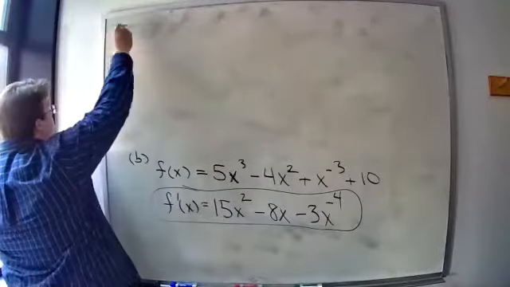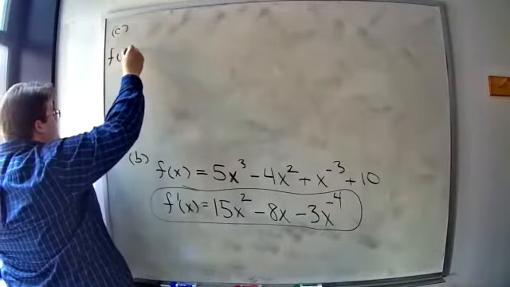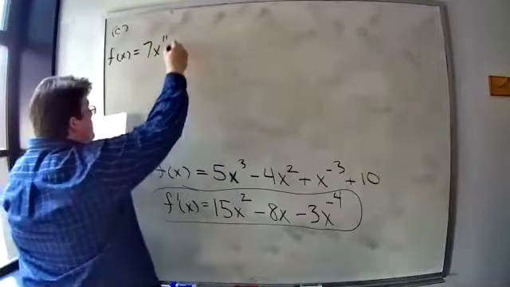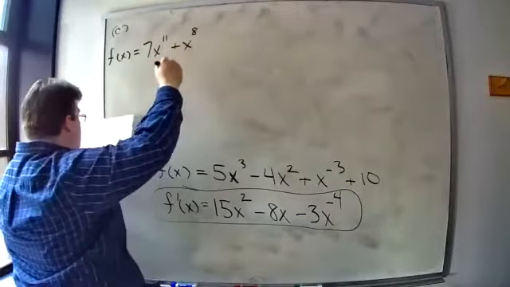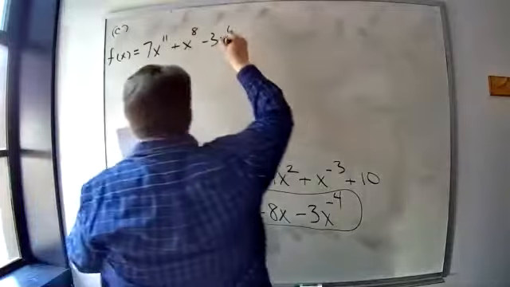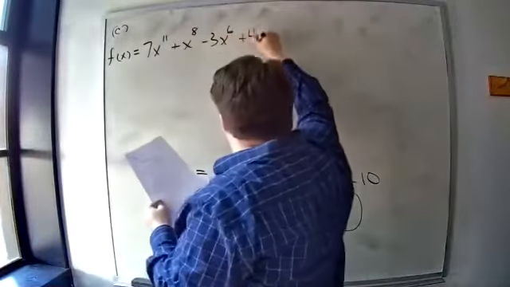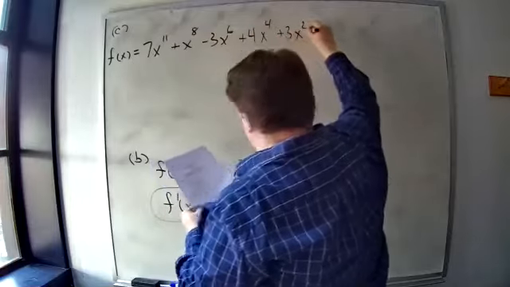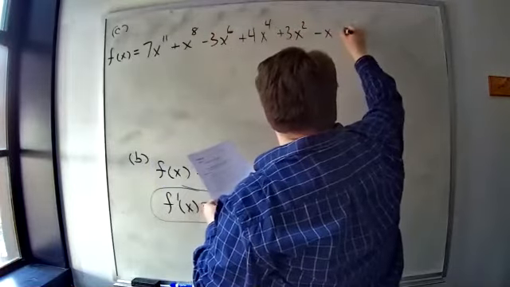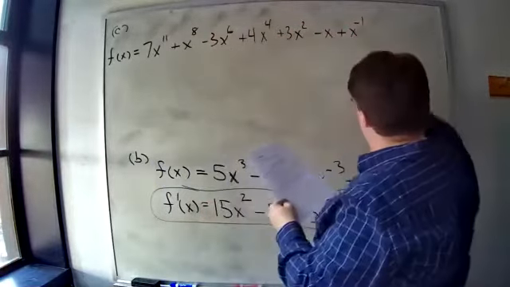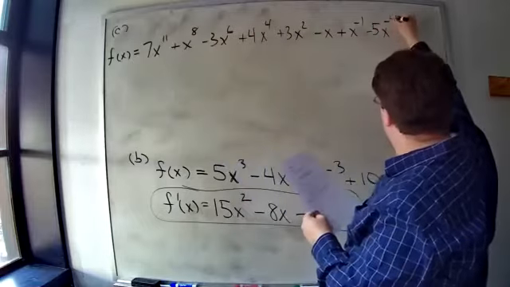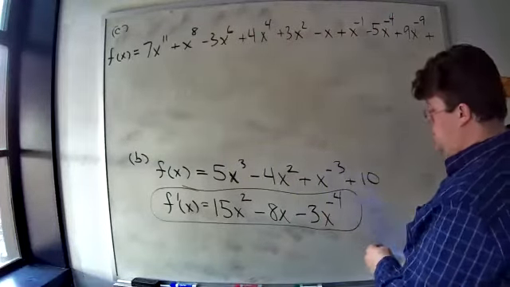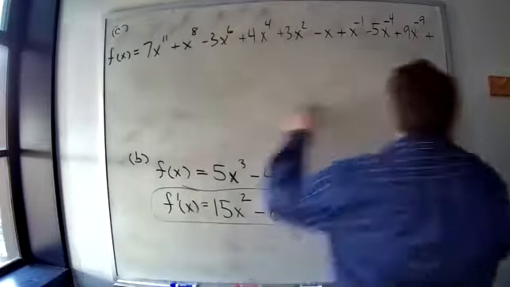Okay, part C. Let's see, what do we have? 7x to the 11, x to the 8, negative 3x to the 6, positive 4x to the 4, positive 3x squared, negative x, plus x to the negative 1, minus 5x to the negative 4, plus 9x to the negative 9, minus 9 plus pi.